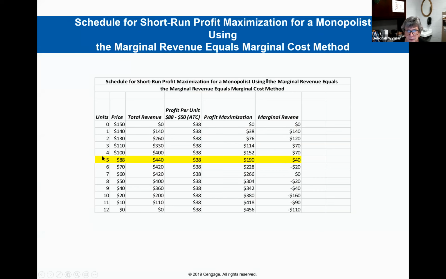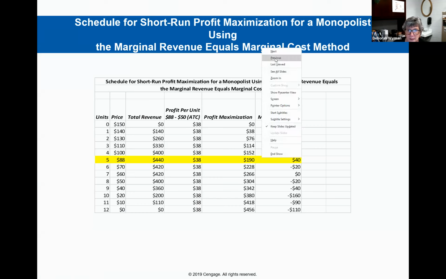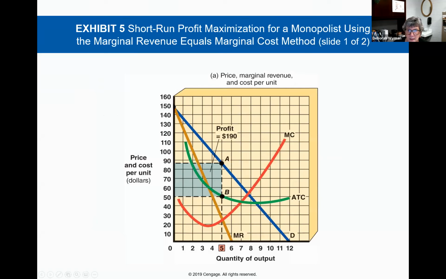So you have your units 0 through 12, your price, and I'm going to go back and forth here. For price, you're looking at the number of units and where it falls on the graph. For example, at 0, it's at 150. At 1, it's at 135, right?